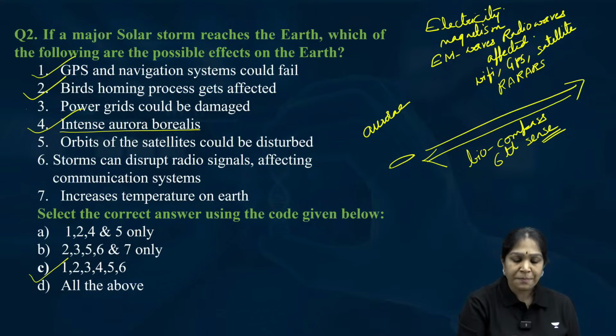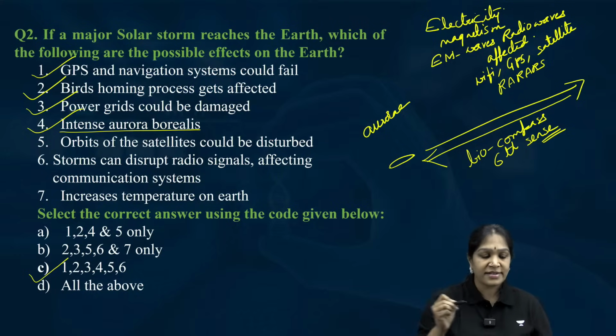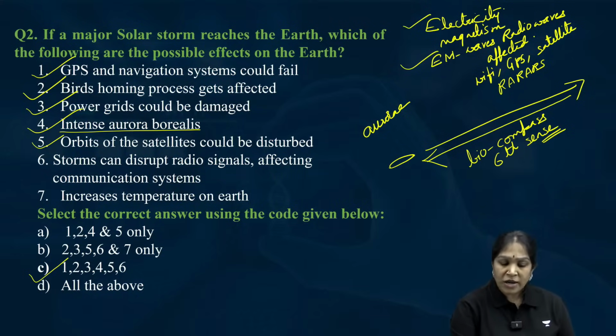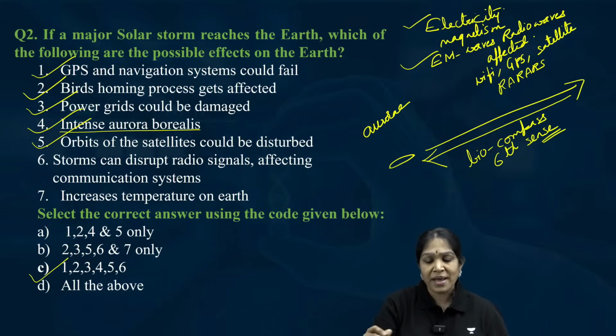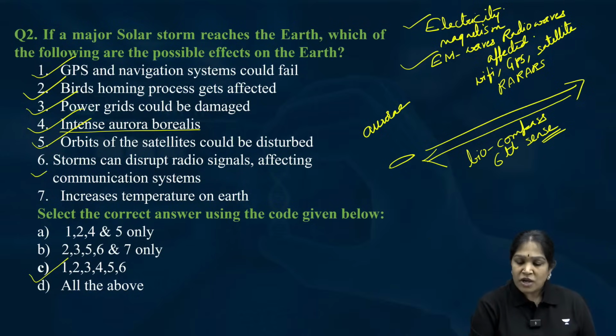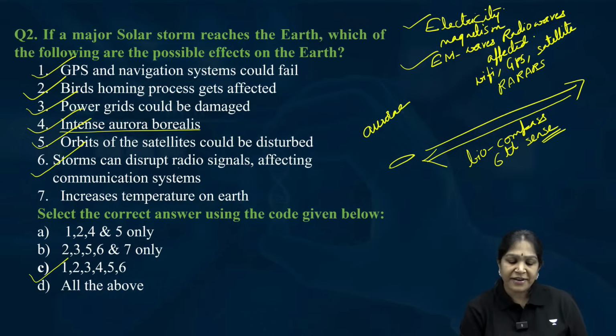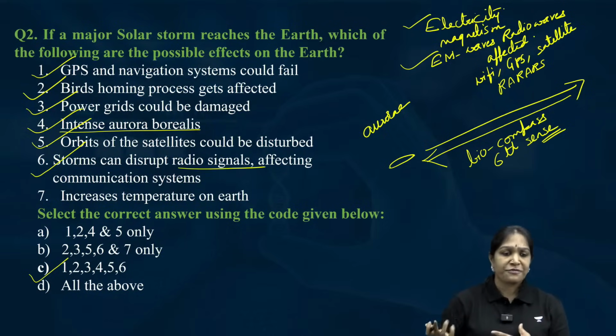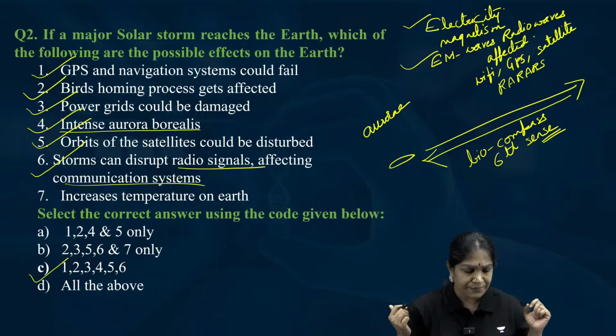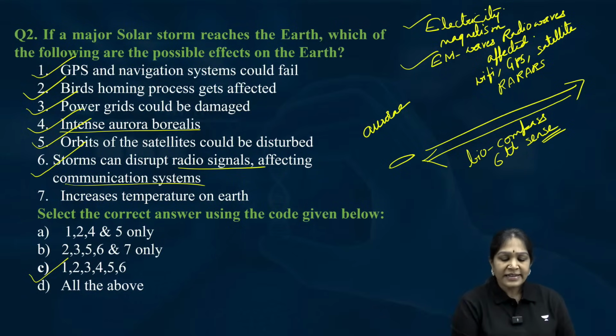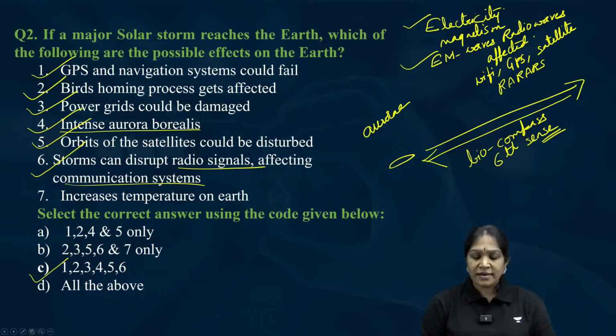So GPS and power grids are affected because they use electricity and electromagnetic waves like radio waves. Storms can disturb the radio signals, affecting communication systems like Wi-Fi and the internet. Will it increase the temperature on the Earth?